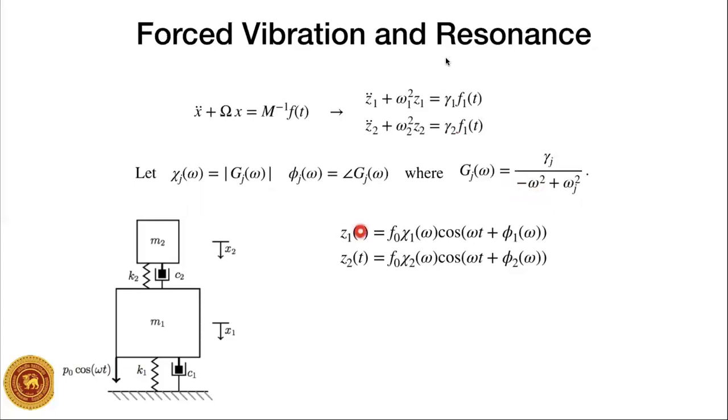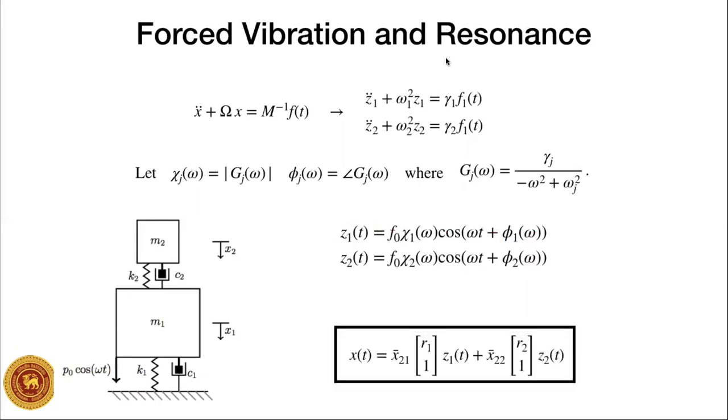So Z1 will be very large when omega is close to omega 1, and Z2 will be very large when omega is close to omega 2. So when omega is close to omega 2, Z1 will be small, but Z2 will be very large. When omega is close to omega 1, Z1 will be very large and Z2 will be very small.